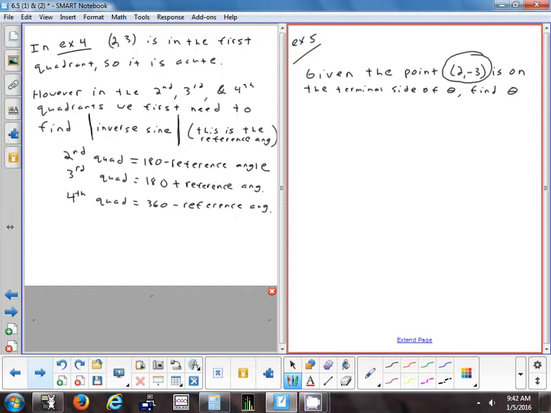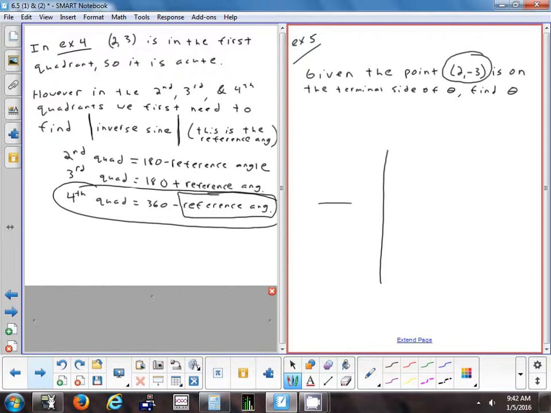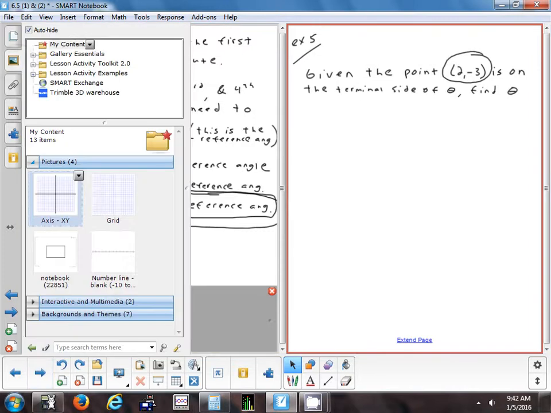All right, so just so we know right away, I'm going to write down, what quadrant am I in here? 4. Okay, so the first thing I'm going to do is find my reference angle using inverse sine. So draw out, you know what, I can use graph paper if we want to make it nice.